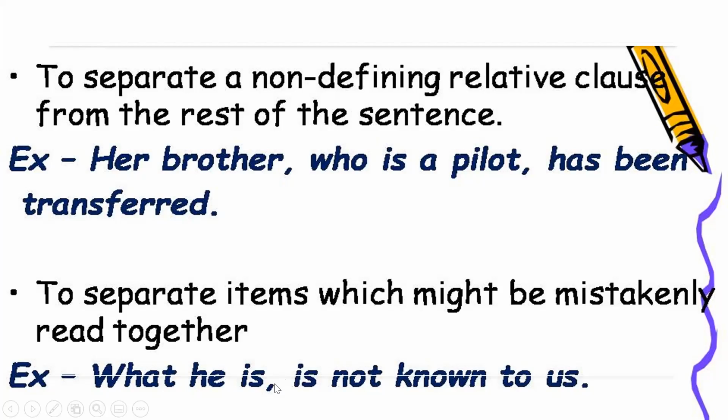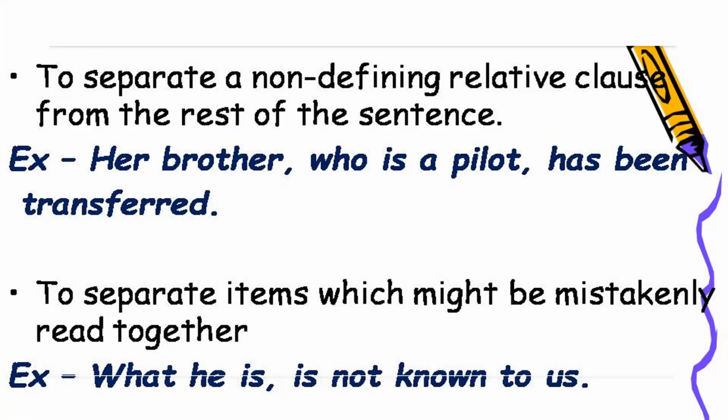Okay. Some sentences are such that if you don't put a comma, the meaning of the sentence is completely lost to the reader. The reader will not understand what is mentioned. If I do not put a comma here, you will read that the word is has been repeated and I cannot understand what the sentence means. So if I put a comma here, it means: what he is, is not known to us.